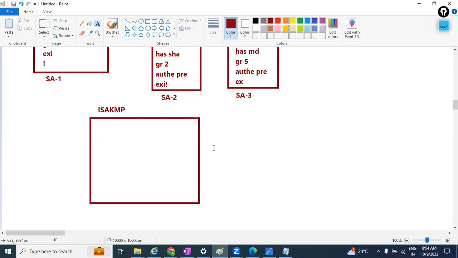Can we configure more than one association? Yes, we can. Like multiple timings, 7 p.m., 8 p.m., 9 p.m., 10 p.m. shows are there, so multiple options we have. Out of that, we have to choose one. Lifetime we can change, but right now we are going with the default one.